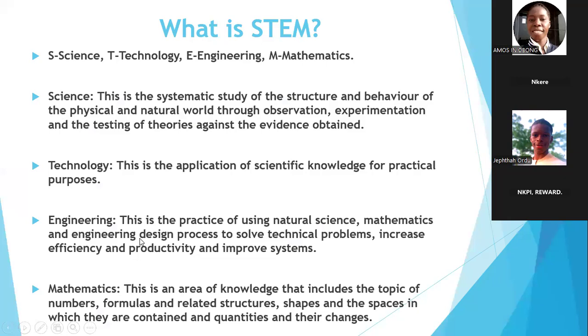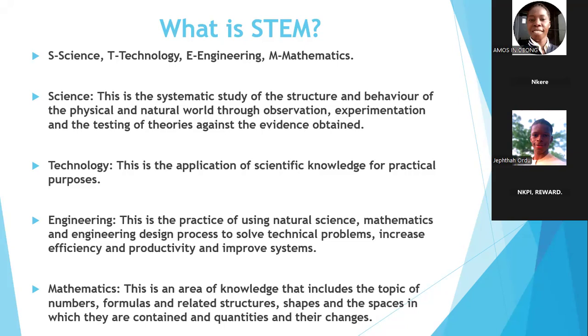Just like I was saying yesterday, coding and robotics happens to be a product of STEM, and STEM is an acronym for four words: S for science, T for technology, E for engineering, M for mathematics. I'll drop this PowerPoint presentation in the Google Classroom.